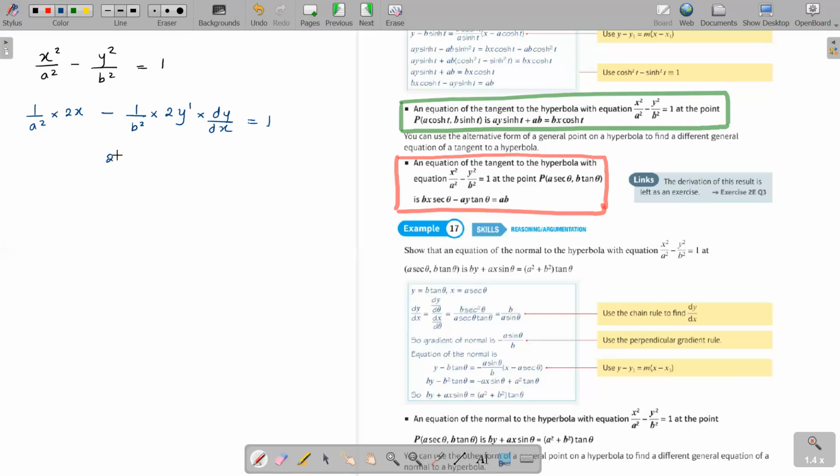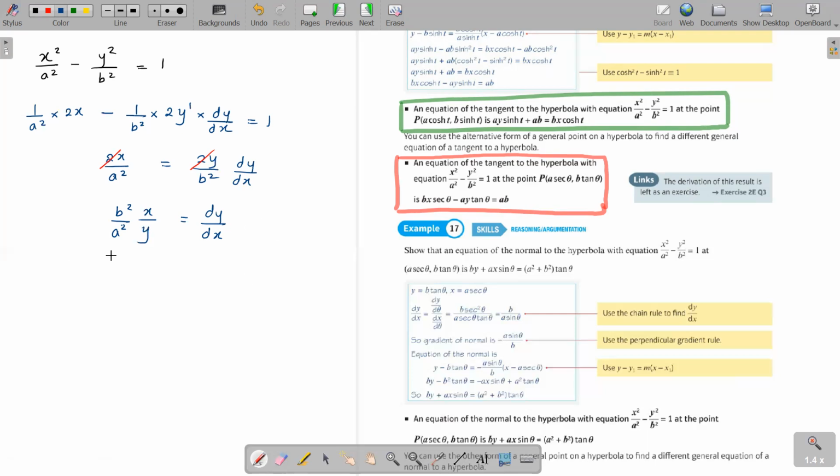So basically I get 2x over a square equals 2y over b square times dy by dx. Do you agree with me? 2 and 2 cancel, and then I get here dy by dx equals b square over a square x over y, right? b square over a square x over y. Do you agree with me?